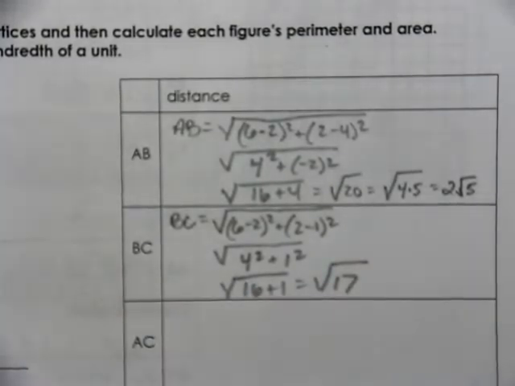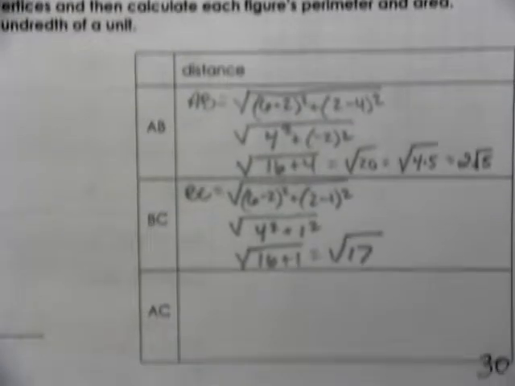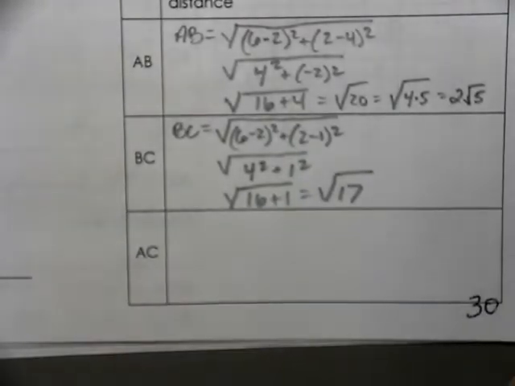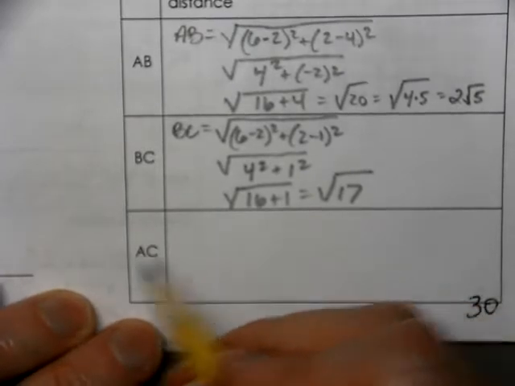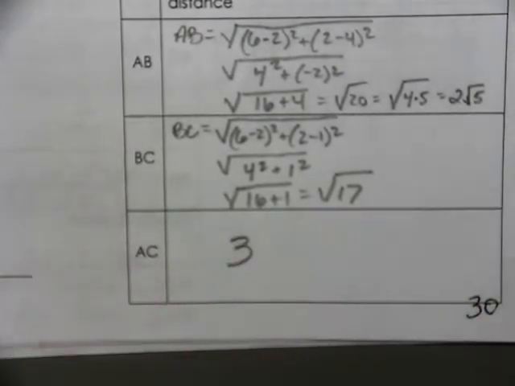Now 17 is a prime number. The only way it multiplies to be 17 is by 1 and 17. So there's no way to break that one down. And then AC, AC is vertical, so we can just count that. We get 3.